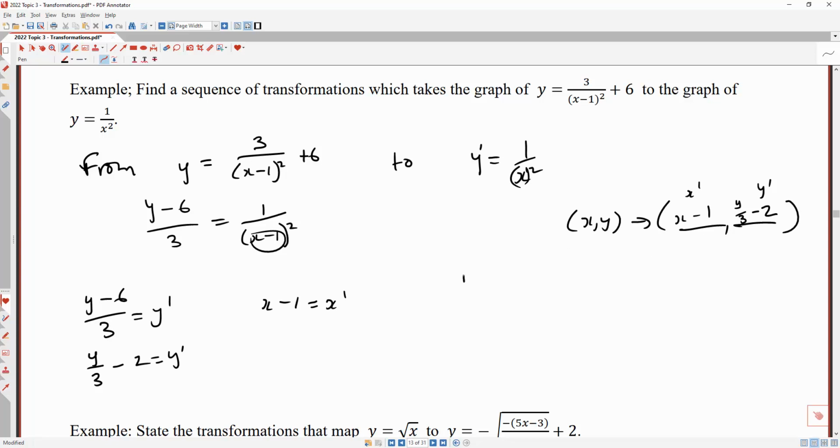I can see here that this is a translation, 1 unit left. This is y being multiplied by a third, so this is a dilation factor 1/3 from the x-axis.